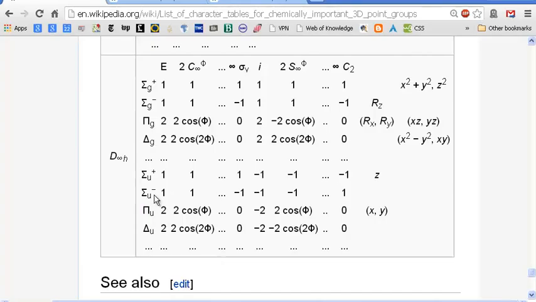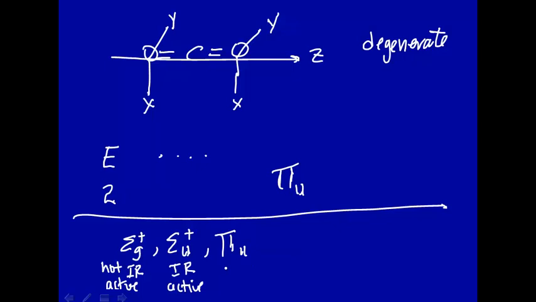And we find that the pi u transforms like the x and the y, so this will also be IR active. So of the four normal modes, we'd only see peaks in the IR absorption spectrum for two of them, because the degenerate pair would be a single peak, same frequency or same energy. Only two of those would be IR active, and the other would not be IR active.